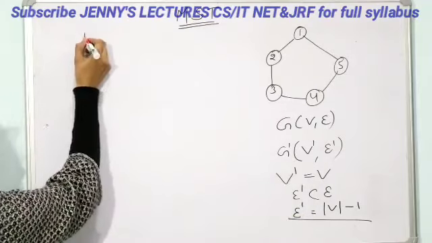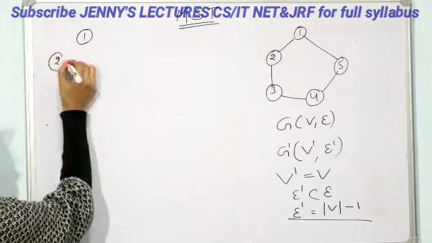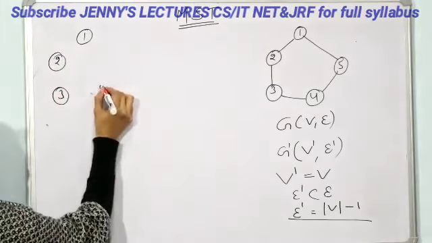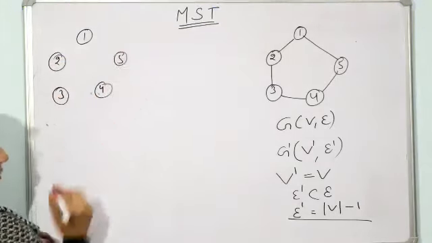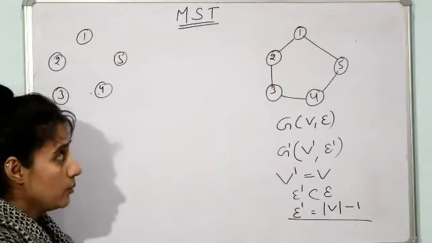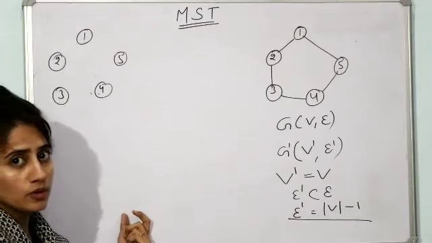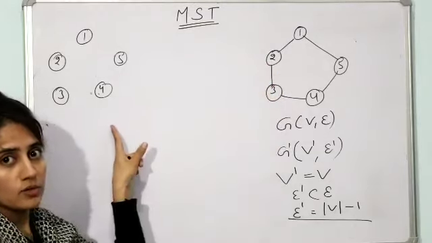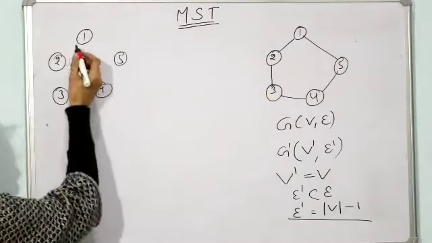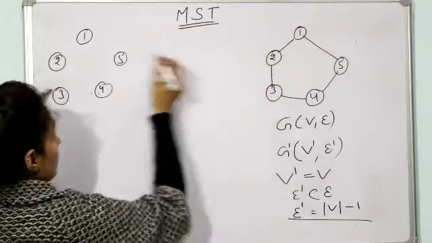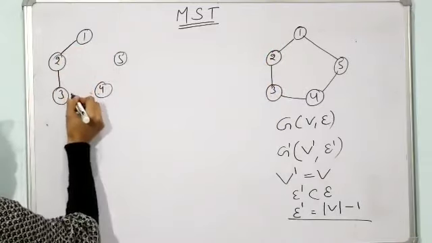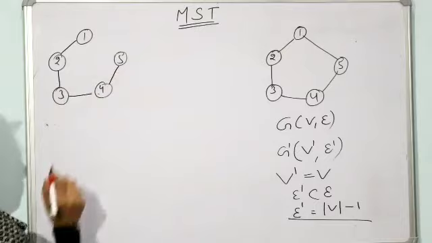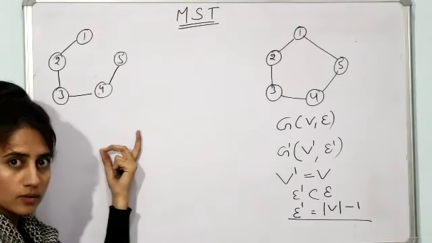So you can write down the same number of vertices 1, 2, 3, 4 and 5. Fine. Now how many edges would there be? Number of vertices minus 1. 5 minus 1, that is 4 edges would be there. You can take this or this. This one or this one. This is our spanning tree.